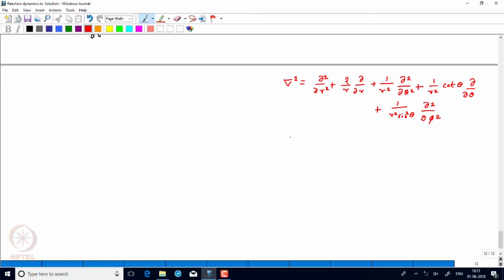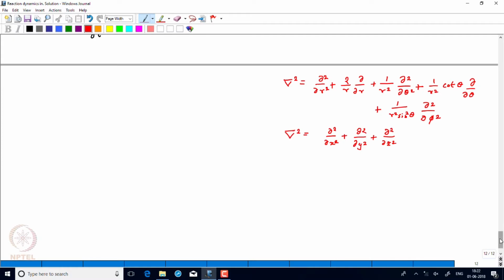This is the overall spherical polar form, and the Cartesian one is very straightforward. If I write del square, it will be just del 2 del x 2 plus del 2 del y 2 plus del 2 del z 2.